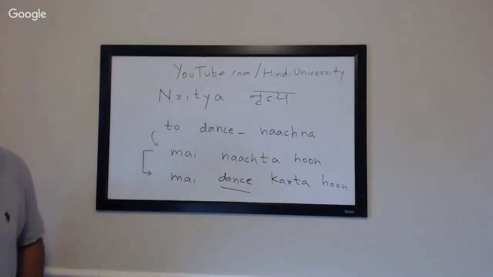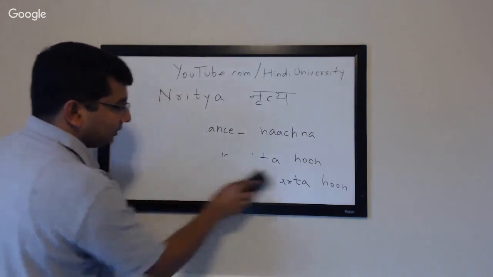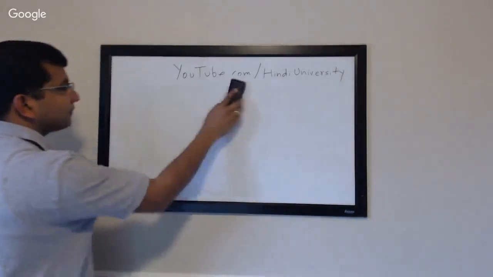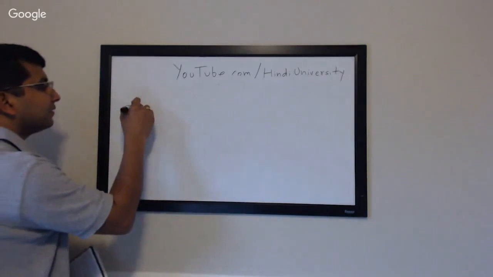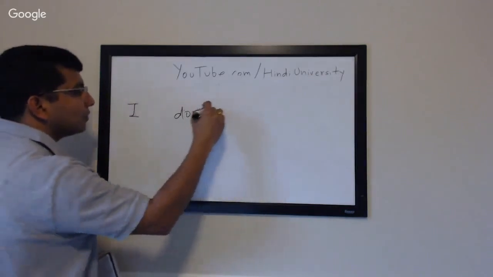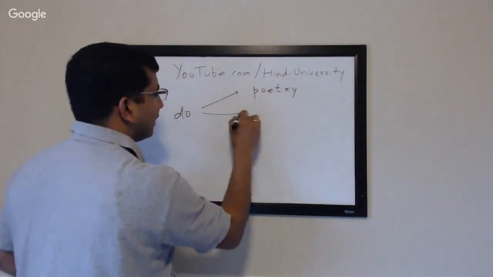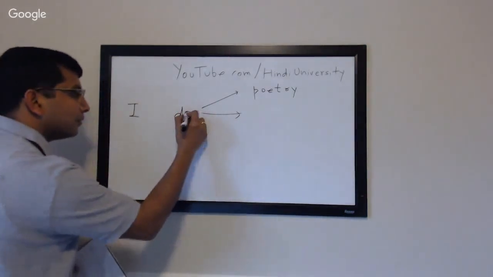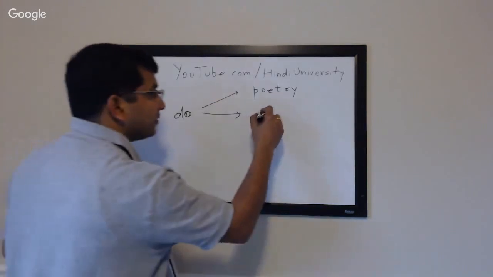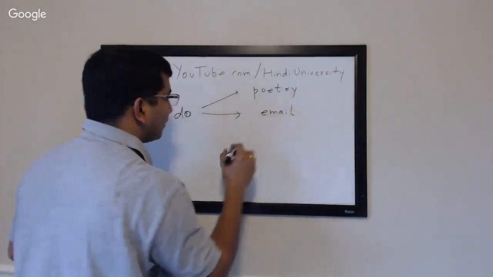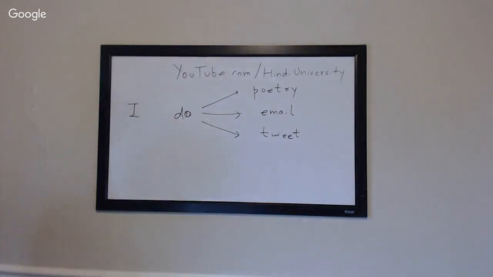Okay. Let's keep going. I hope this is getting better and better with each example. So let me give you a quiz, and let's say the form is still I do, and let's say you want to say poetry, and I do poetry, and then email, or let's say you want to say tweet because these days people are more on Twitter as well, right?